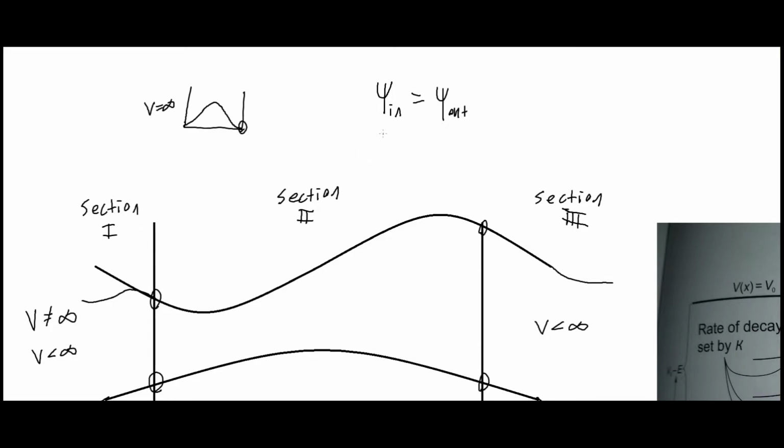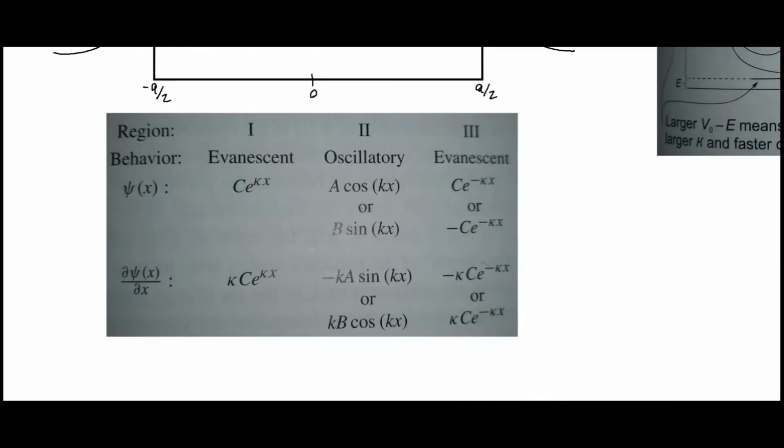And we also need it to be the case that the derivative, d/dx of the inside, is also equal to d/dx of the outside, because we need the instantaneous slope right at the boundaries to be the same.